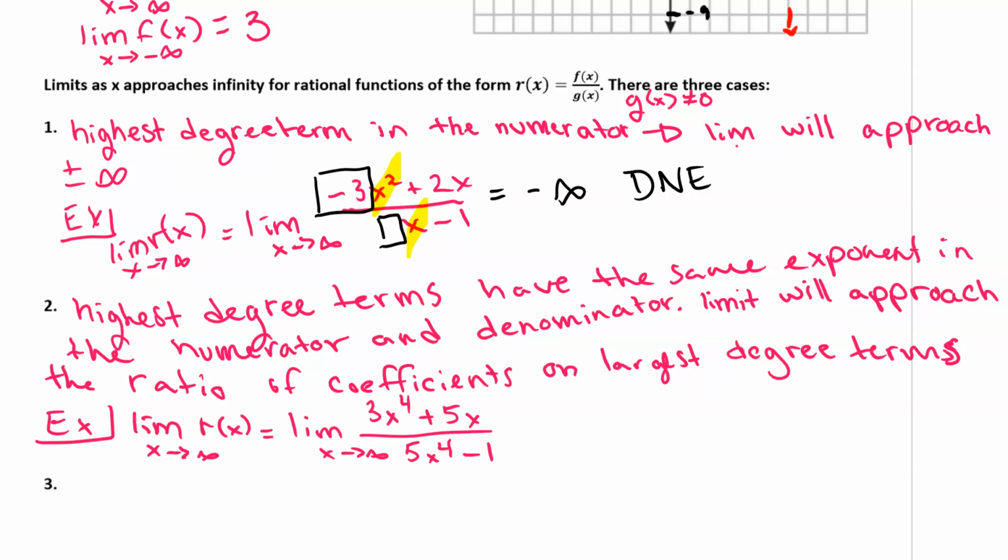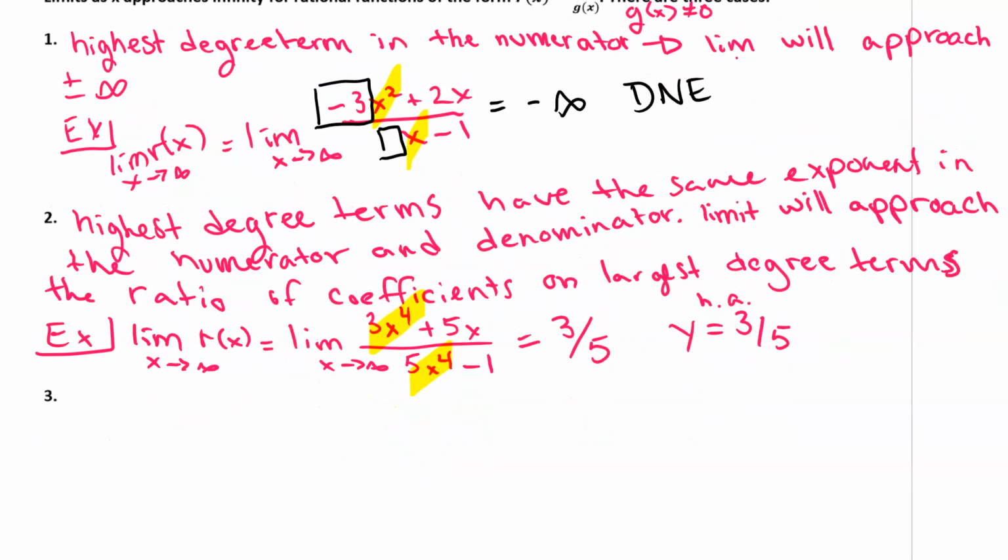Our highest degree term in the numerator is the 4th, and our highest degree term in the denominator is also to the 4th. So our limit is going to be 3/5, the ratio of the coefficients on those terms. And we also have a horizontal asymptote then at 3/5, HA. Okay. And the last case is where the highest degree term is in the denominator.